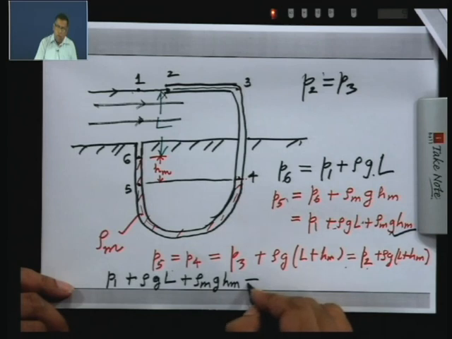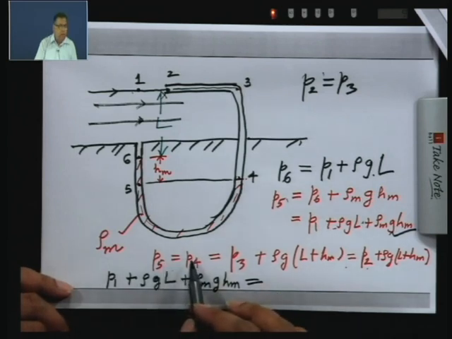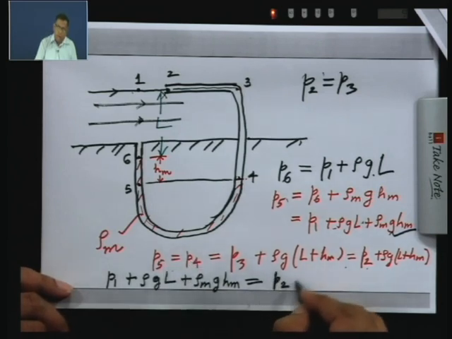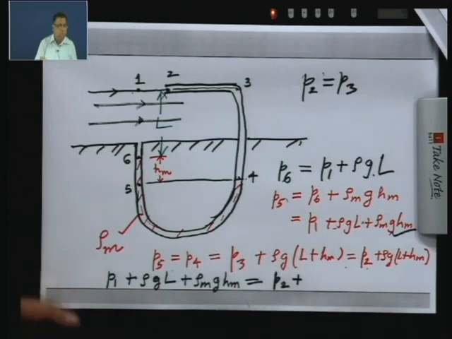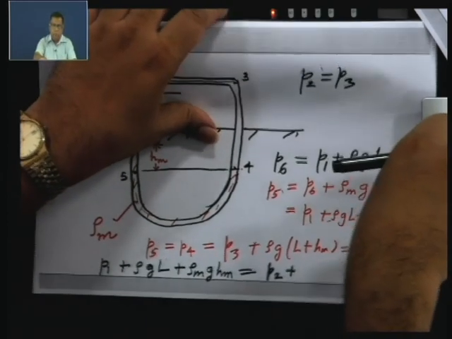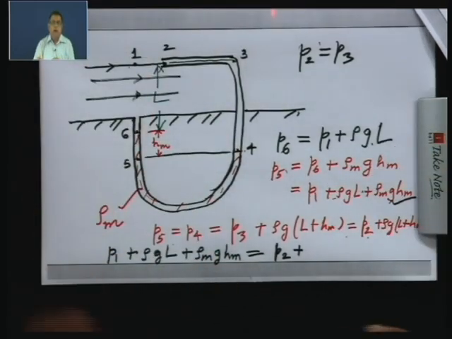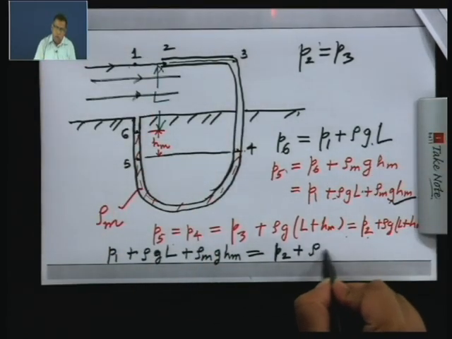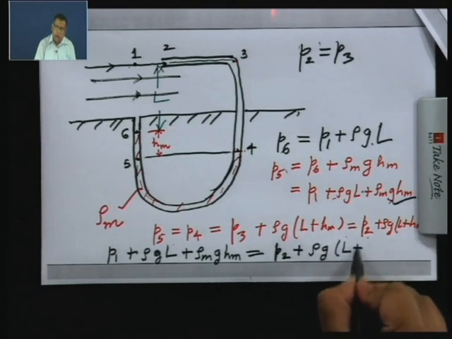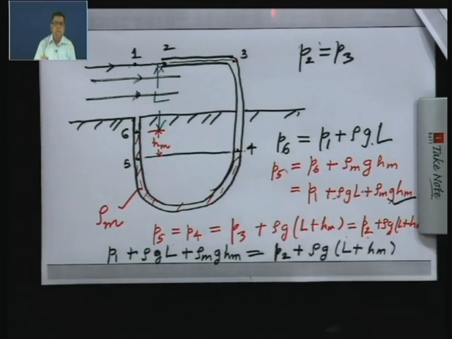This will be equal to P4, as I have written over here, which you can write as P2 plus rho g (L plus h m). Now, you will notice that this rho g L and this rho g L will cancel out, and you have rho m g h m and rho g h m over here. So, this g h m is common to this term and this term.